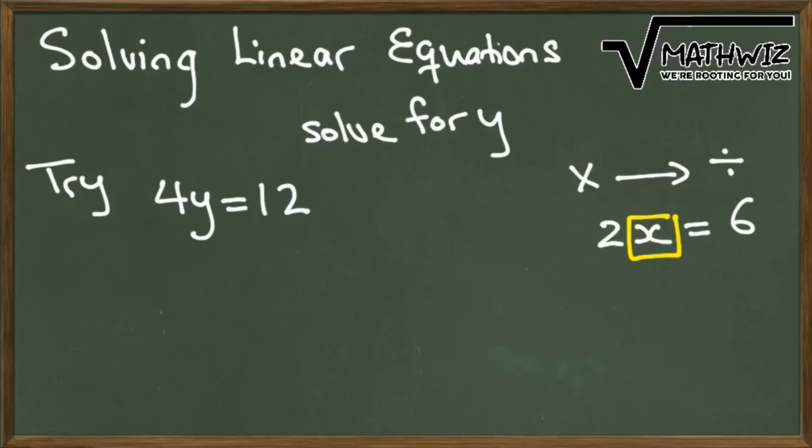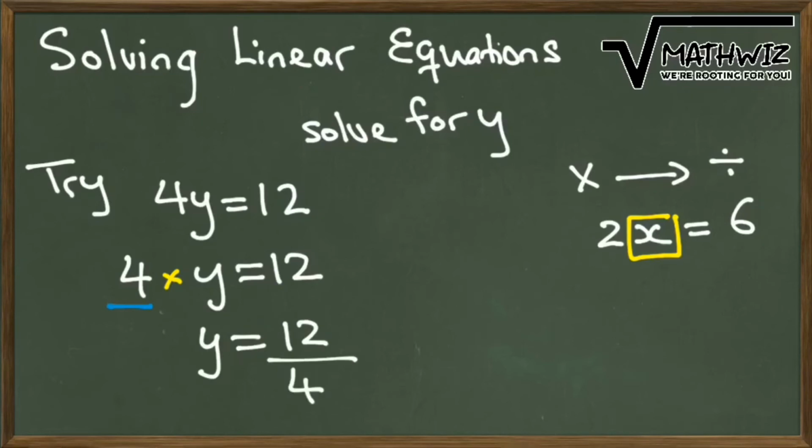All right, so provided you have gone through this question, let's look at the solution. So you would say 4 times y is equal to 12, and therefore the 4, which is multiplied, when we take it across, we will divide.